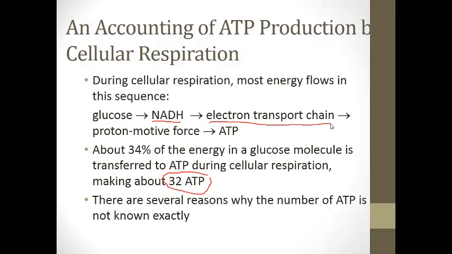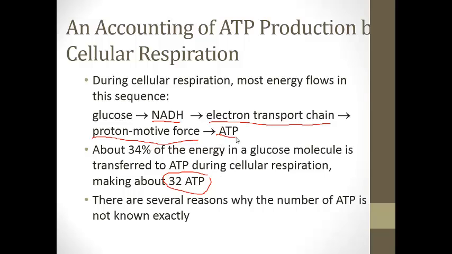As those electrons go down the electron transport chain, the energy released is going to be used to make the proton gradient, or our proton motive force. Those hydrogen ions, or those protons, then diffuse down their gradient through the ATP synthase through a process that we call chemiosmosis.